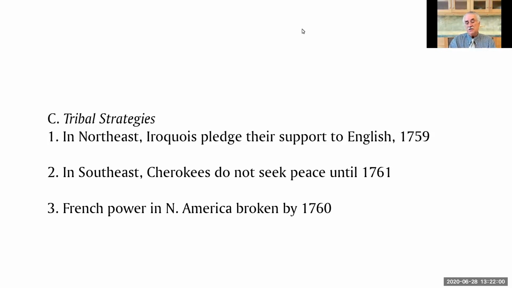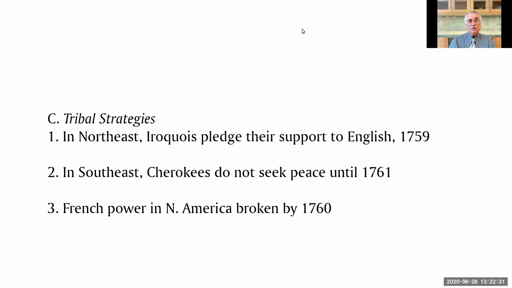In the Northeast, as point C1 on your screen indicates, the Iroquois decided to ally with the English in 1759. This was largely because the Indians could see that the English were going to eventually win and that the French were going to almost surely lose. So the Iroquois made a calculated diplomatic decision to side with the English against the French.